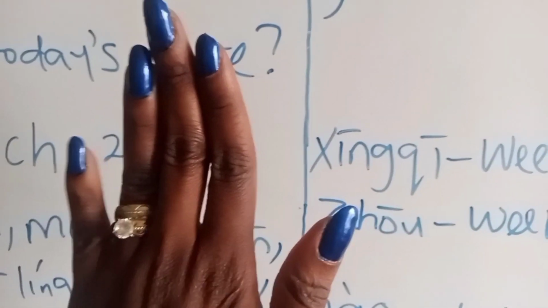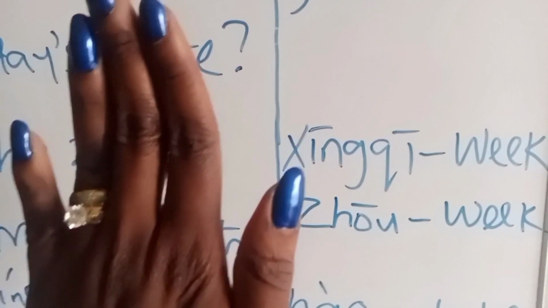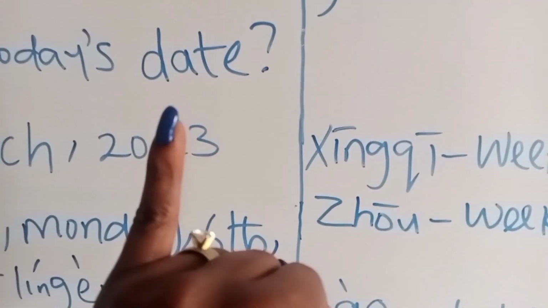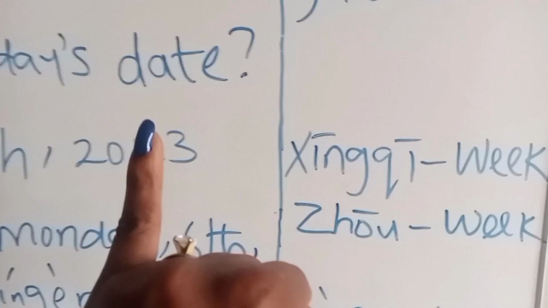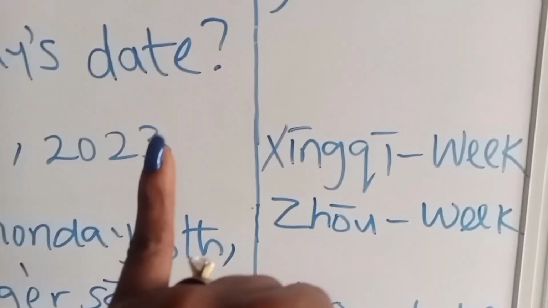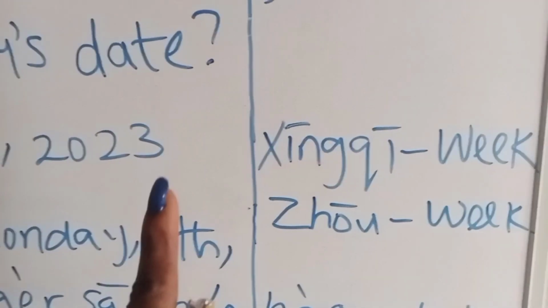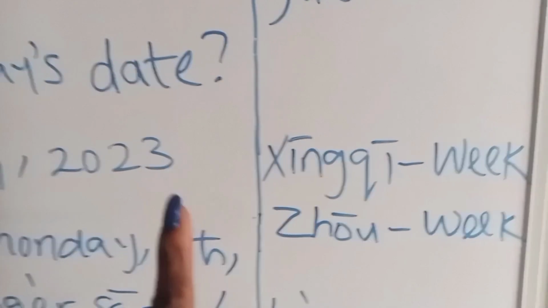The fifth day in Chinese is 星期五 or 周五. Then the sixth day is 星期六 or 周六. Now, how do you say the seventh day? You don't say 星期七, you say 星期天 or 星期日.